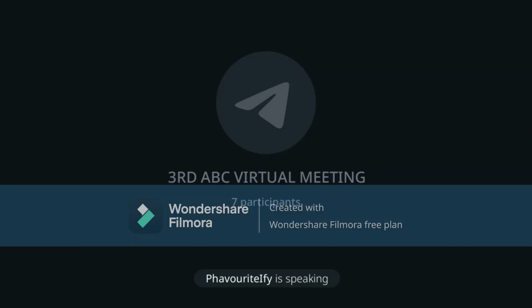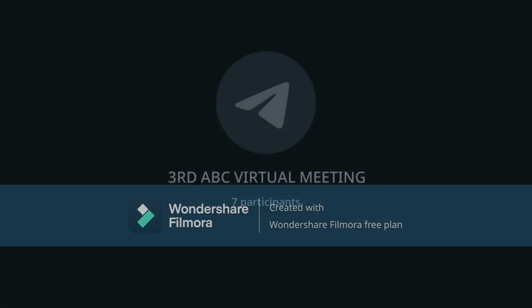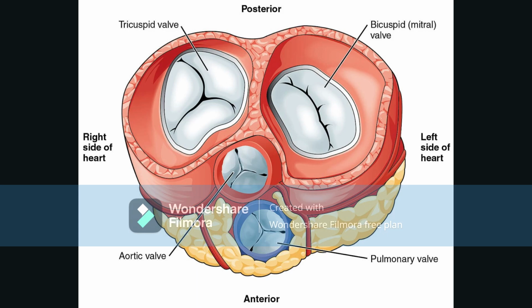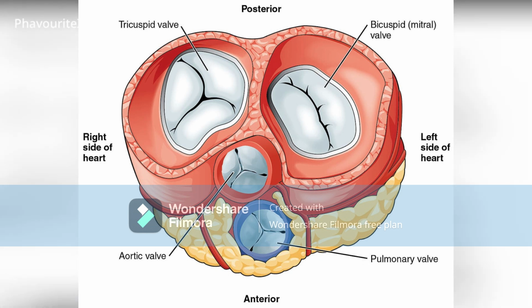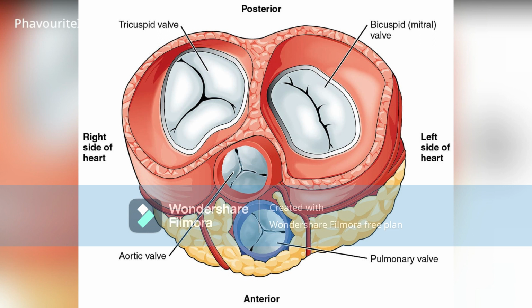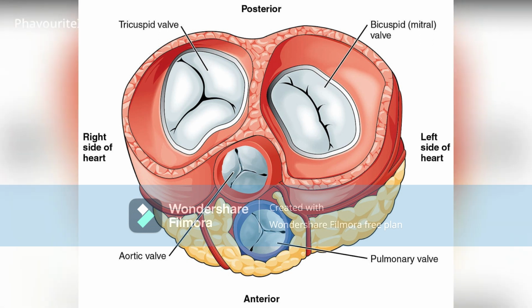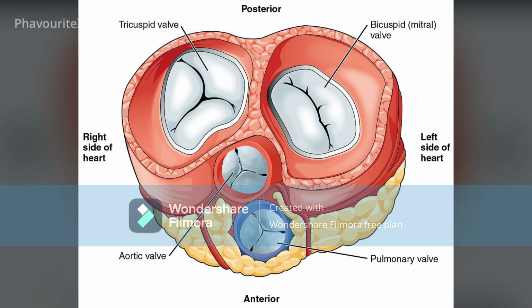Okay, so let me explain the tricuspid valve. It is located between the right atrium and the right ventricle, which I said. It consists of 3 cusps, that is the anterior, septal, and the posterior. Another one is the mitral valve, which is also known as the bicuspid valve. It has 2 cusps, which differentiates it from the tricuspid valve.